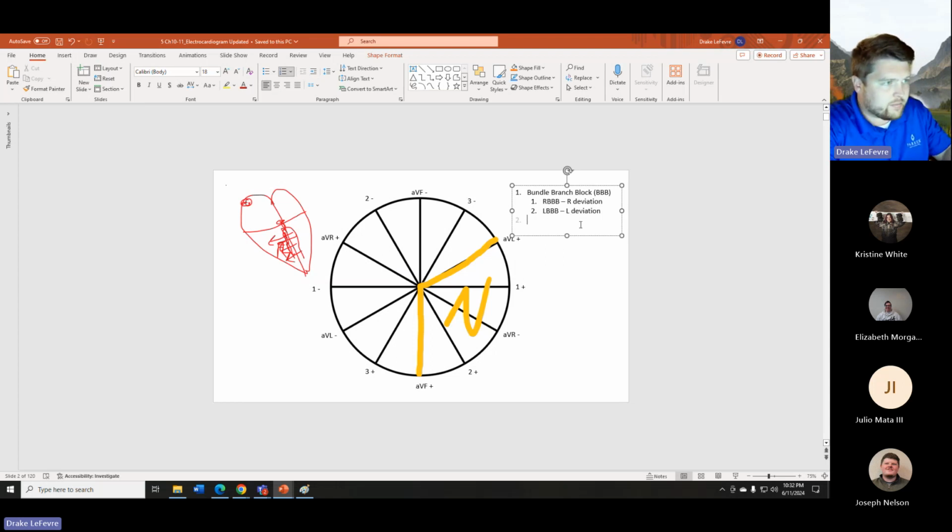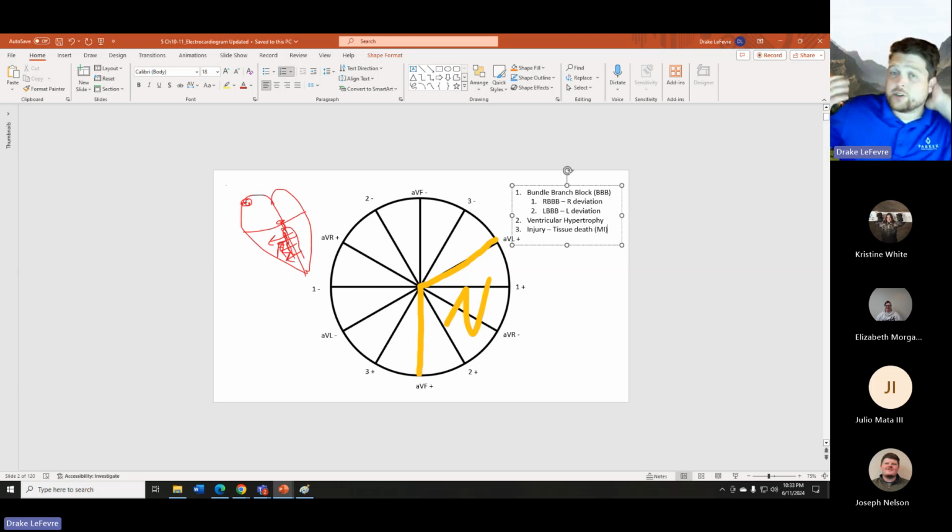The other option is going to be ventricular hypertrophy, like we talked about in that example where if the muscle gets way bigger on one side, it's going to pull more current. And then the other one is current of injury. You can have something like an MI, myocardial infarction, where you have tissue death. Because if tissue is dead, it's not getting signal at all, right?